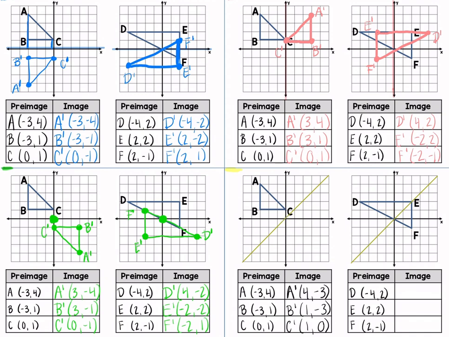That's the origin. Whoops. 1, 0 right here. So that's C prime. B prime is 1, -3. And then A prime is 4, -3. So there is my new image.